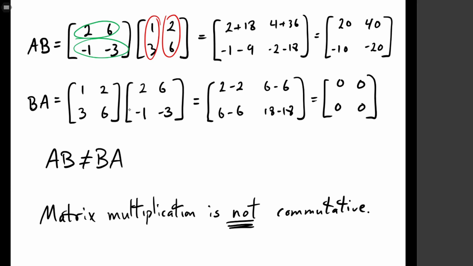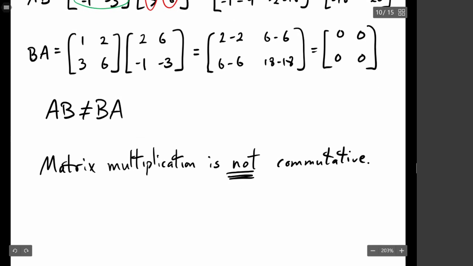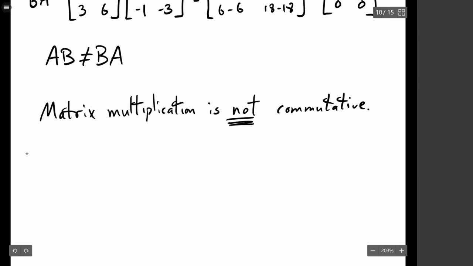We have two matrices that are non-zero, but they multiply together to give us 0. So it's not true that if we multiply two things and get 0, one of them must be 0. And we saw this with cross products as well. So there's a lot of things that we sort of lose when that is the case.